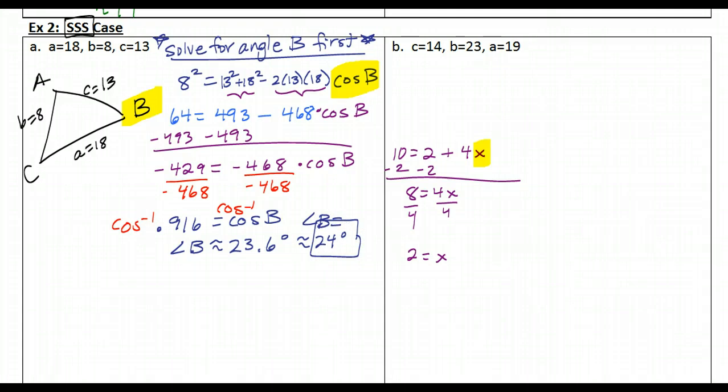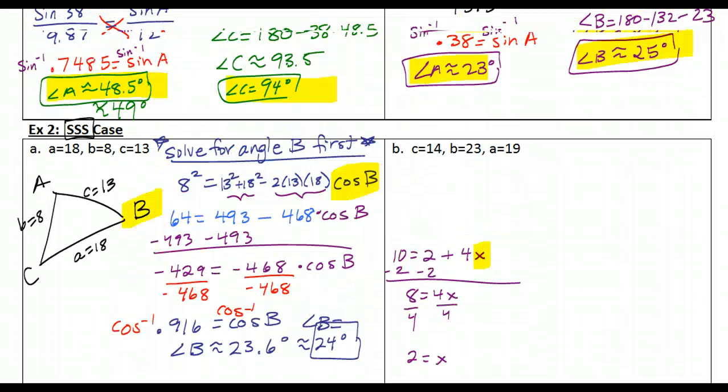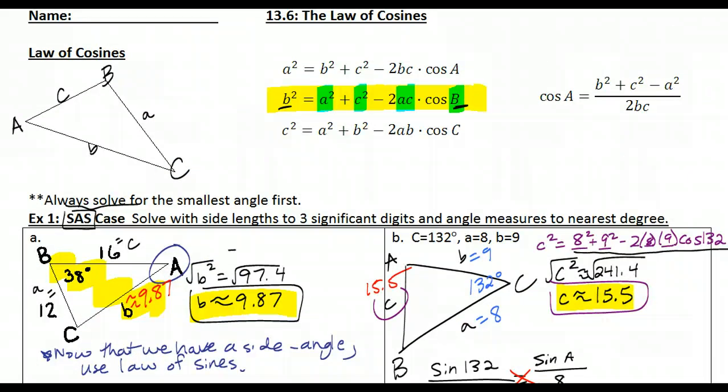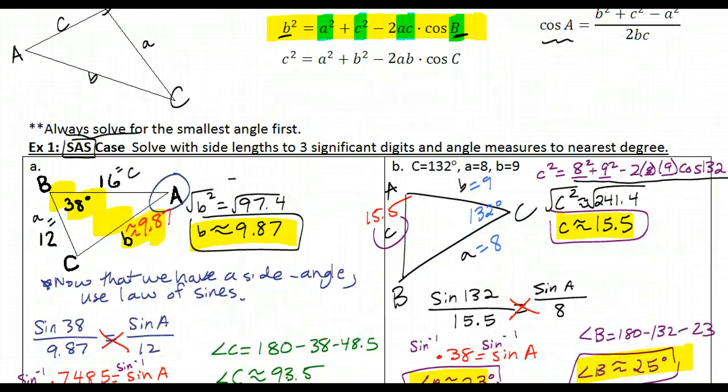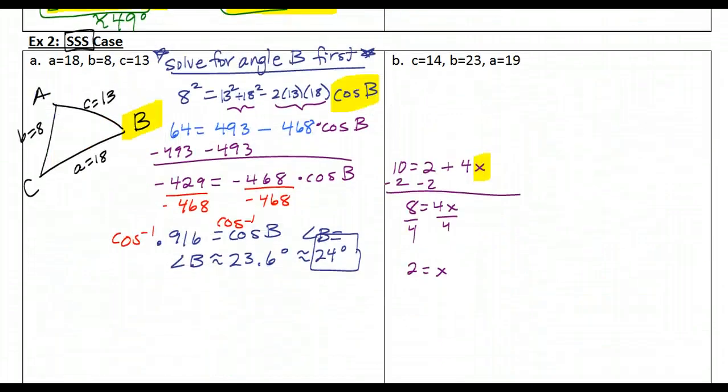Now, because of doing this solving, that is why if you look back up to the top of your page really quick, they have actually created a formula here where you already have cosine A solved. So what I could have done is I could have said cosine of B equals and then plugged in that formula.